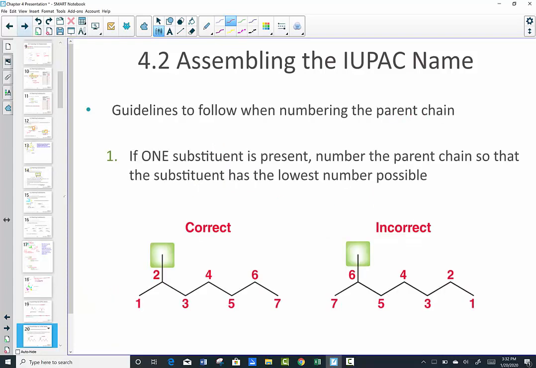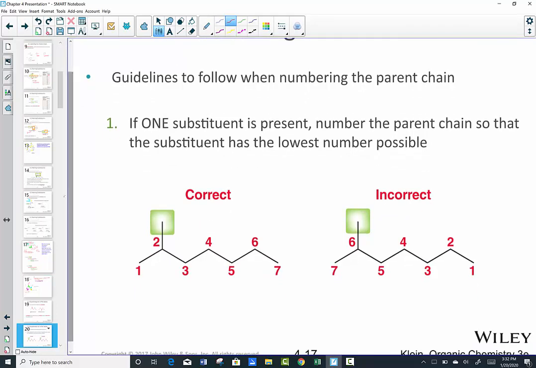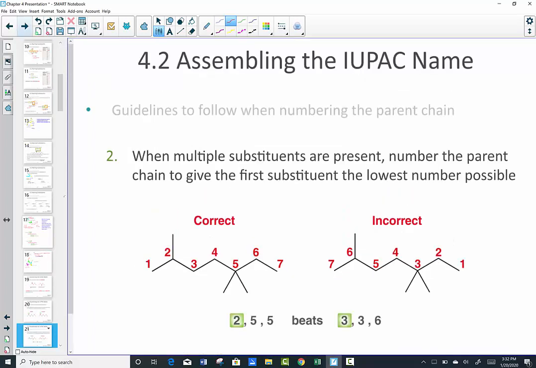If one substituent is present, make sure to number the parent chain so that the substituent gets the lowest possible number. This we said would be 2-methyl heptane and not 6-methyl heptane. 2 is a lower number than 6. When multiple substituents are present, number the parent chain to give the first substituent the lowest number possible.